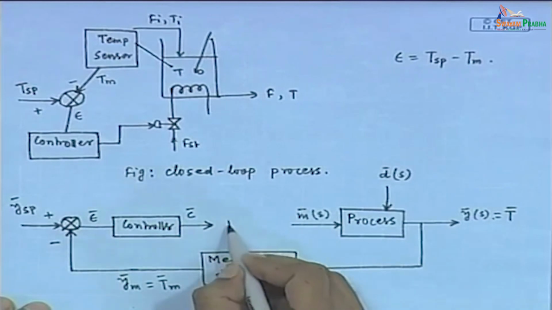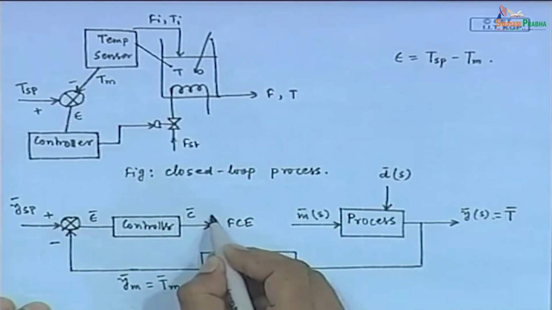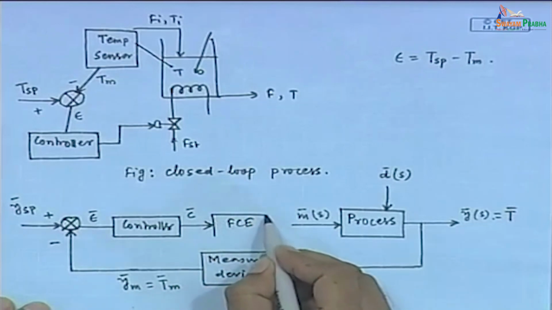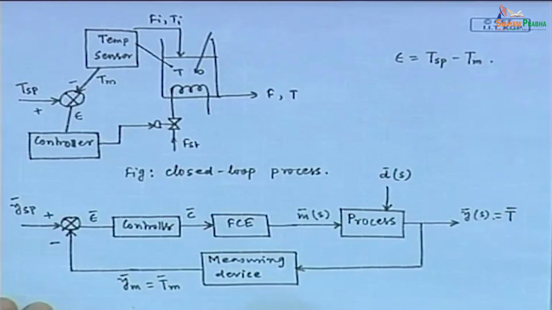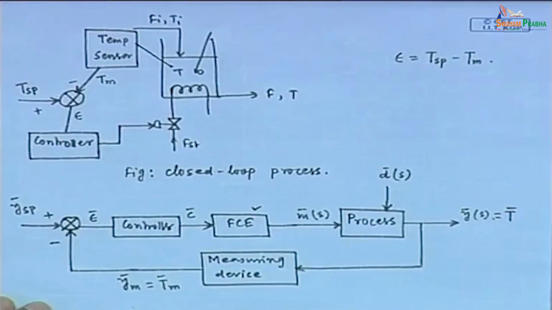This controller output goes to the final control element, that is the control valve. The controller output C goes to the final control element, and the final control element output is M. So, this is the block diagram of the closed loop process.